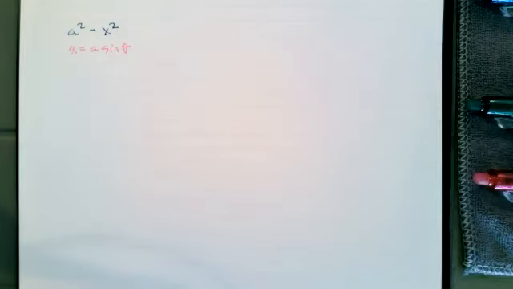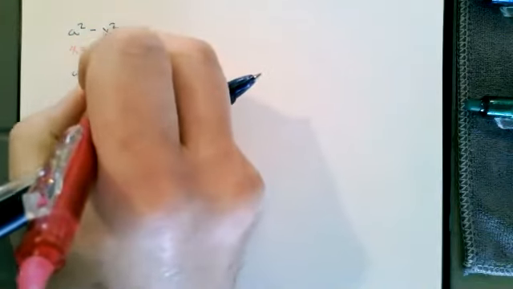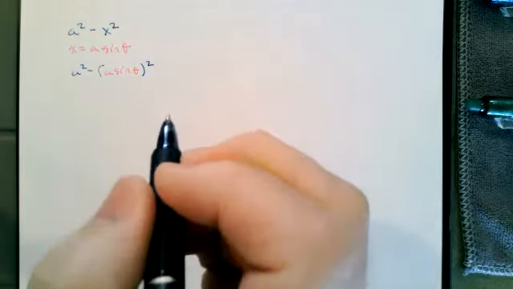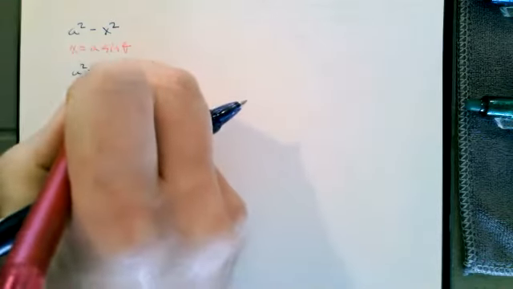So x squared is going to be replaced with a sine theta squared. The square of the product of a and the sine of theta is going to look like a squared minus a squared sine squared theta.